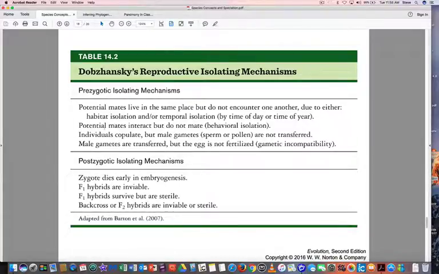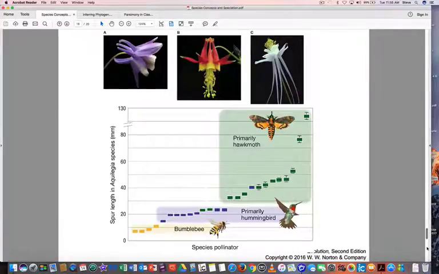Another possibility is these mates of different species can potentially interact, but they don't mate because they're behaviorally isolated. They basically are around one another, but they don't respond, especially to male signals and that sort of thing, and don't mate with the other species. And that's what we would call behavioral isolation. So there are a whole series of these different kinds of isolating mechanisms that allow us to sort of recognize unique species under the biological species concept.